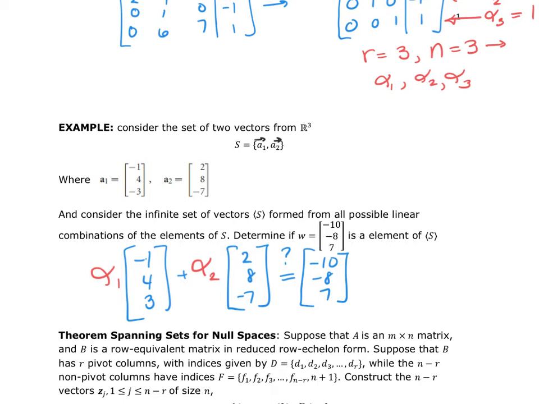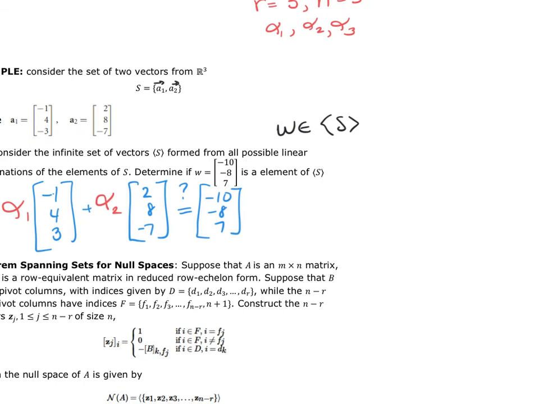Because the question they're asking me is, is W in the span, or in other words, the set of vectors that are spanned by these two vectors? So once again, I'm going to go ahead and put this into an augmented matrix.